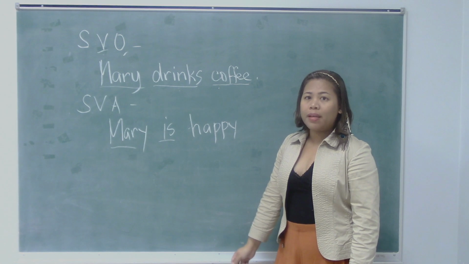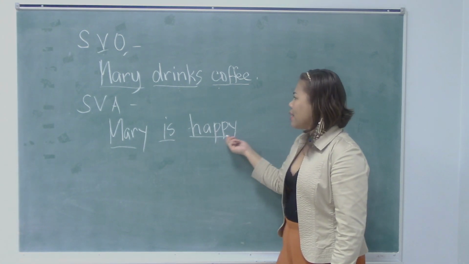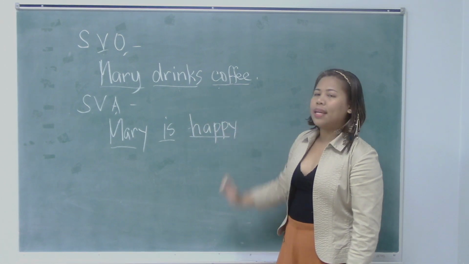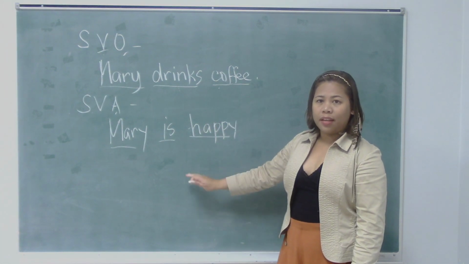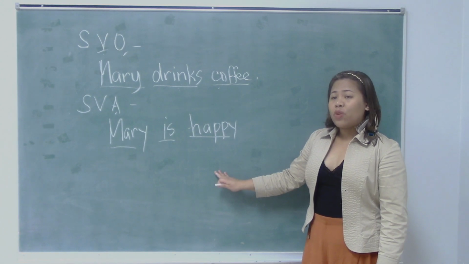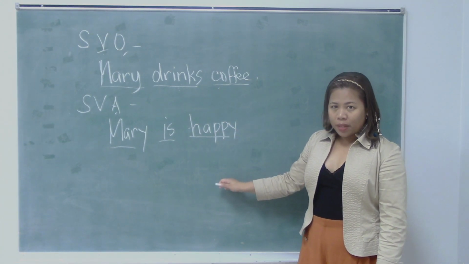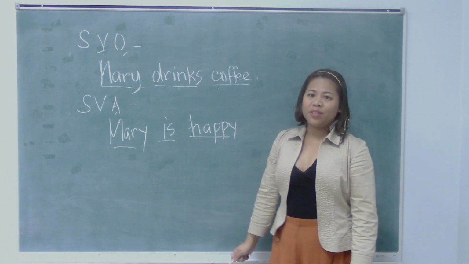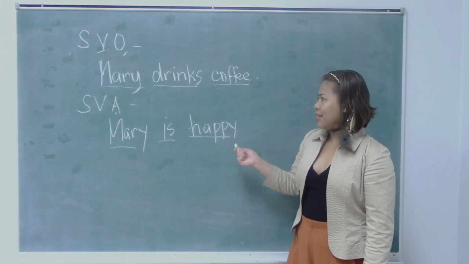Is is our verb, it's the linking verb, and happy is our adjective. Now, this is how we write in English. But if I am going to translate these sentences in Filipino, there are some elements here that will be interchanged. I'm going to show it to you in the next examples.